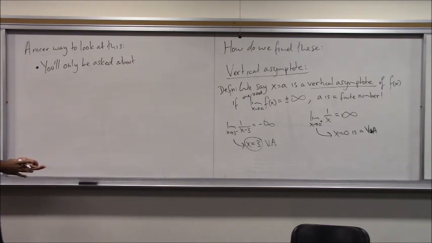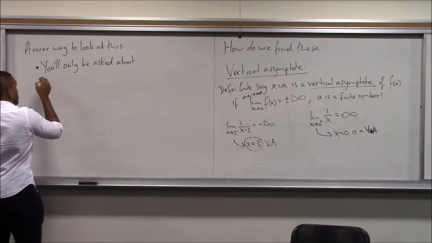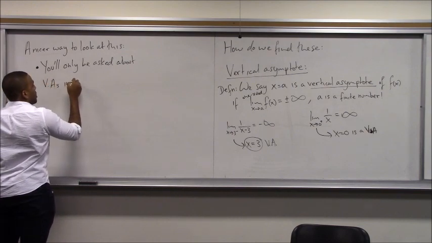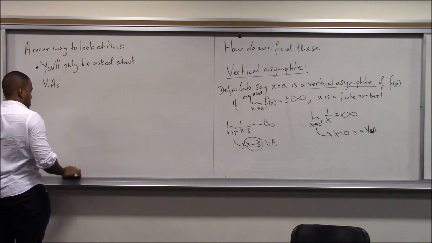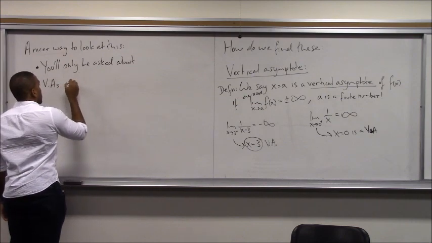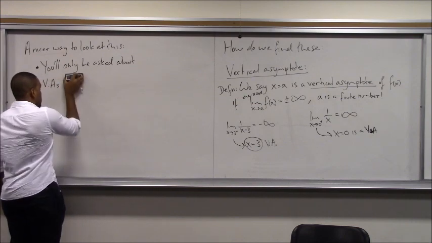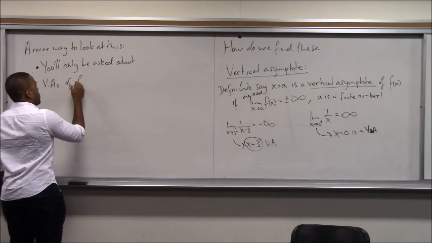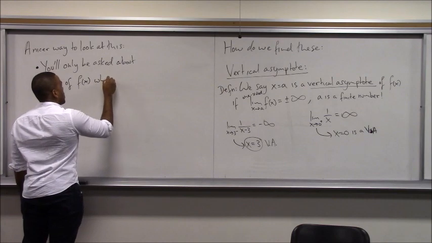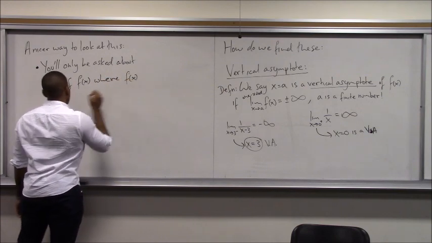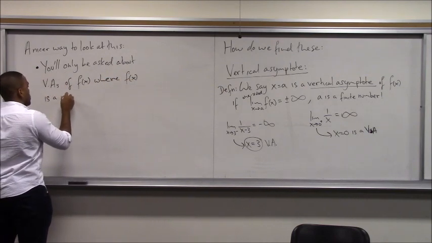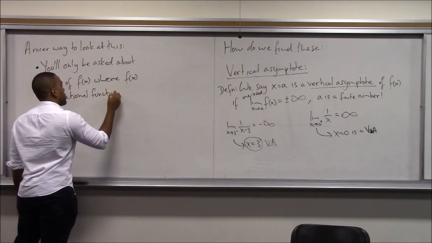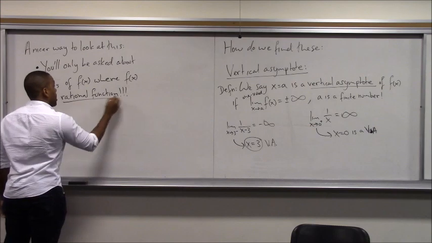We don't even have to look at a limit here. You'll only be asked about vertical asymptotes of f of x, where f of x is a rational function. Right? Now that makes things a lot simpler, right?